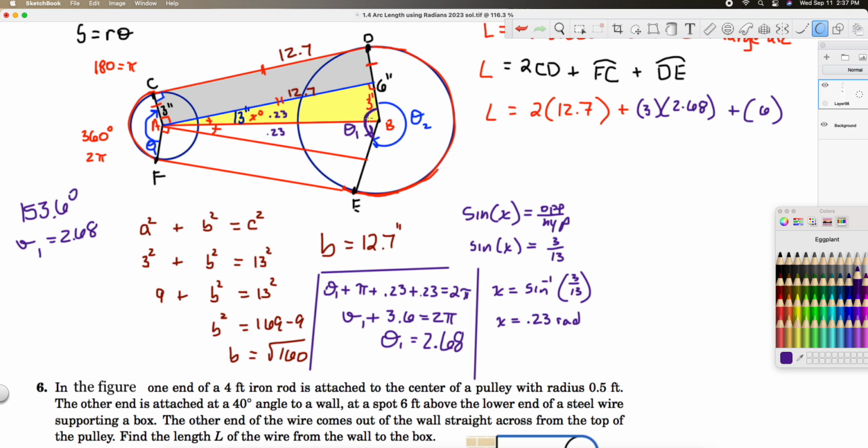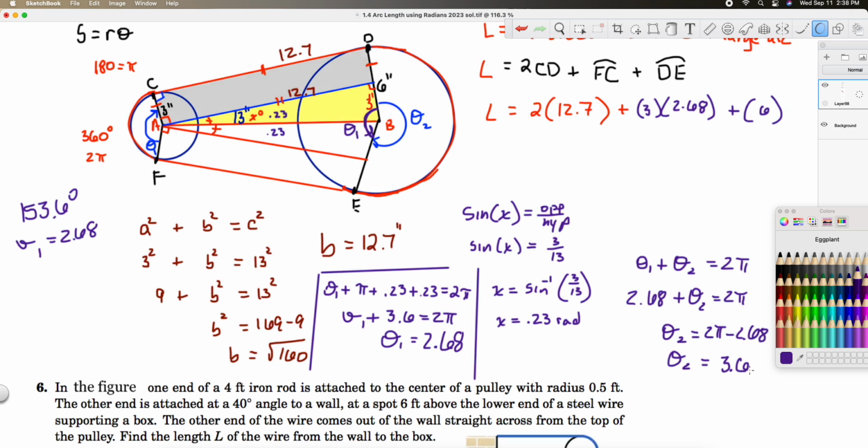These segments right here are parallel, so this would be the same angle. Therefore, theta 2 adds up with theta 1 to be 2 pi. That's a complete circle. So if theta 1 is 2.68, we can solve for theta 2 by subtracting 2.68 from 2 pi. On my calculator, I get 3.6.